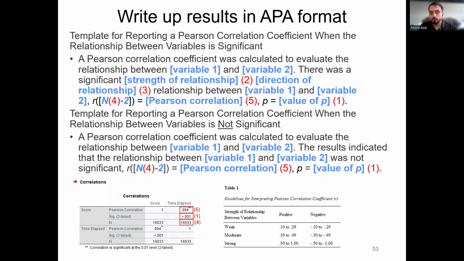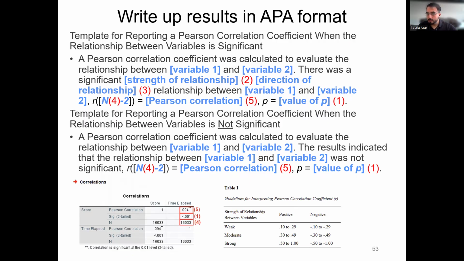So this is how you will write up your results in APA format for correlation. This is a template, so you can use this. You will say a Pearson correlation coefficient was calculated to evaluate the relationship between variable 1 and variable 2.